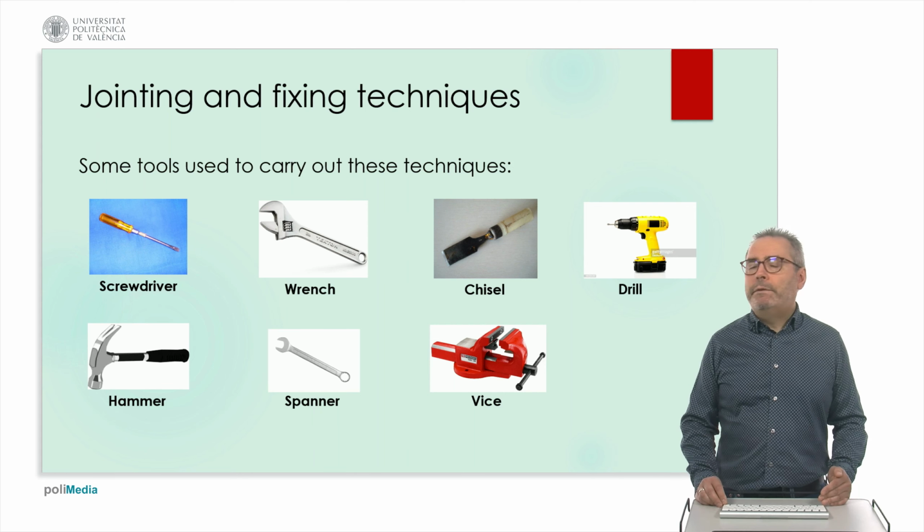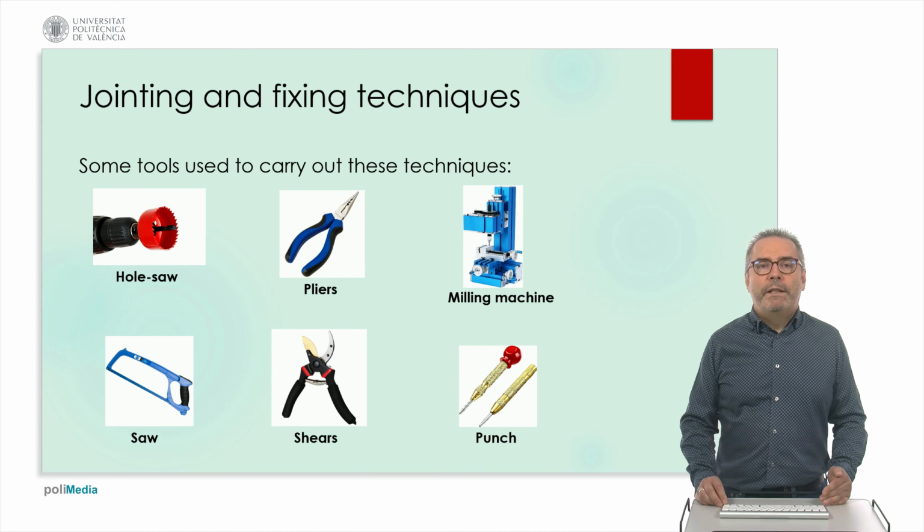Chisel, vise, which is normally used to fix a workpiece, and a bench, and a drill. We also have specific types of saw, such as hole saw here, saw, which is more general, pliers, shears, milling machine, and punch.